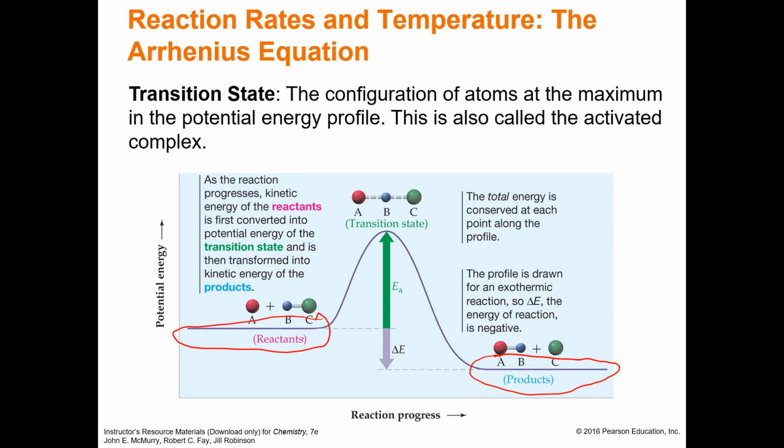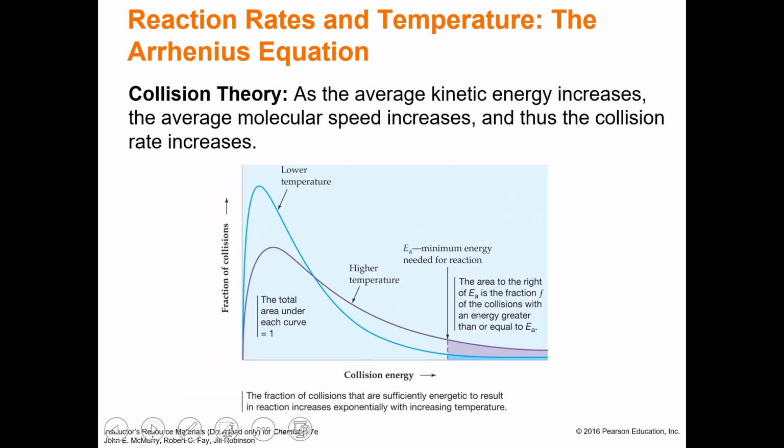But to get from the reactants to the products, we have to go through a transition state, where the bonds between the reactants are broken and bonds start to form for the products. So we have to go over this transition state for the reaction to progress.